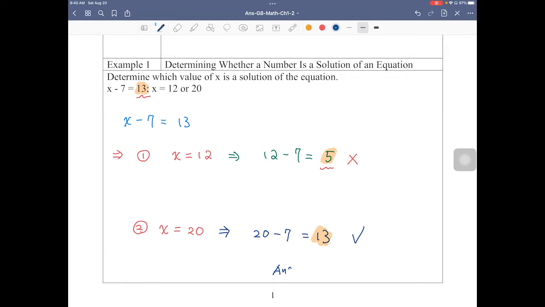I can say x equals 20 is the solution. This process tells us the solution of an equation will always make the equation true when I substitute the value of the variable into it.